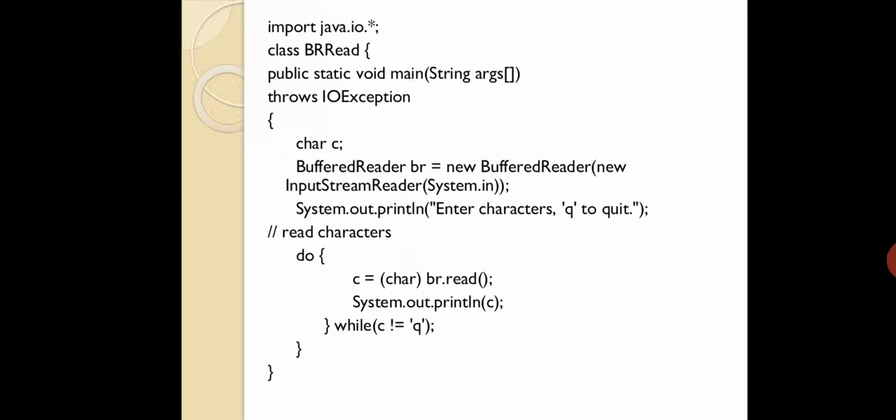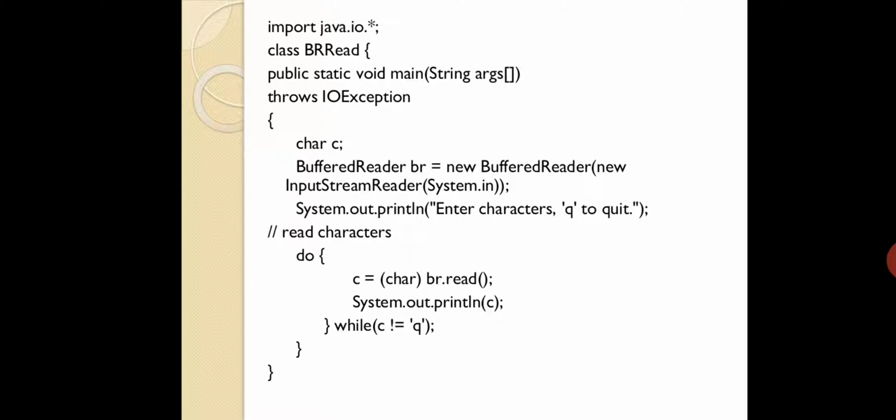Now why do you see c equal to, in brackets, char, then br.read method? Why is it like that? By default it may take it as an integer, or by default it may take it as a string. This is nothing but explicit type conversion.